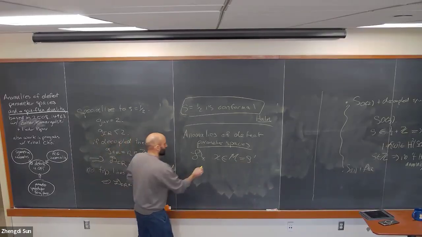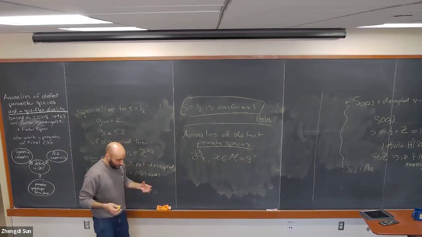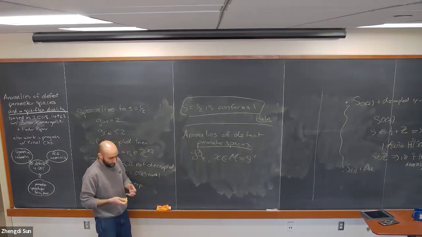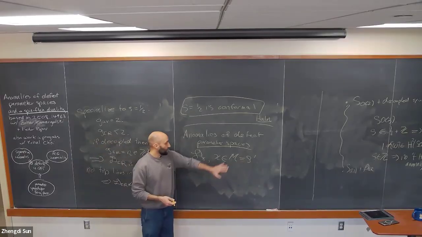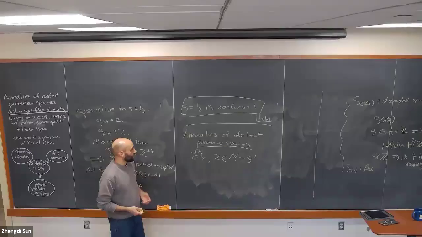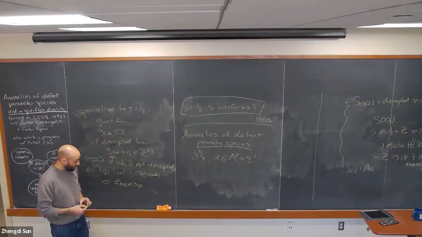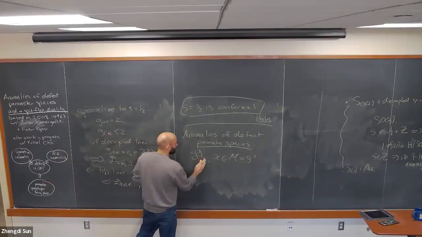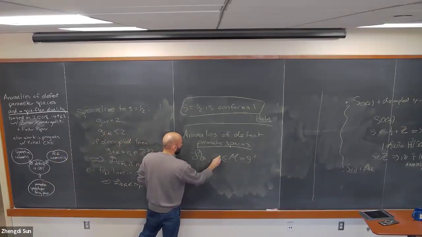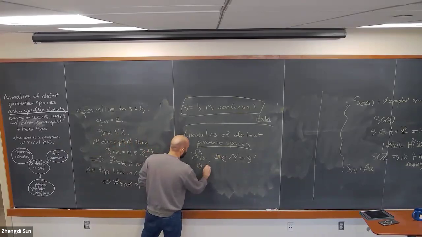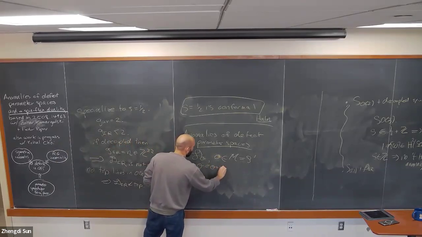The basic idea is that you should think of this kind of anomaly as a mixed anomaly between the topology of the parameter space and this G symmetry that we're assuming we're preserving. I'll call the parameter theta, because theta is now a 2π periodic variable.